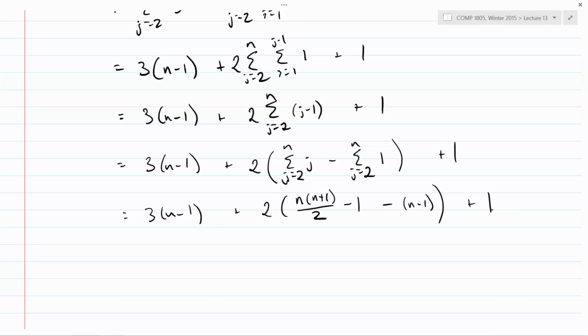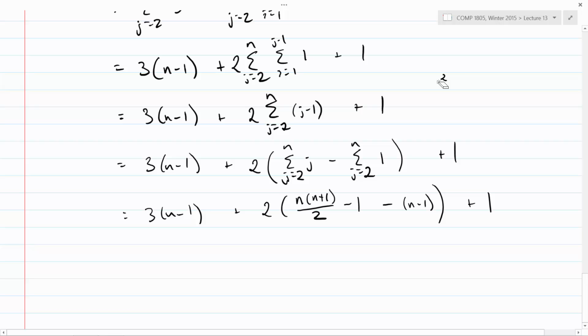Yeah? So you could rewrite j equals 2 to n as j equals 1 to n minus 1. No. So in that case, so you want to write it as the sum from j equals... I'm wondering why you subtract 1, like how that works.